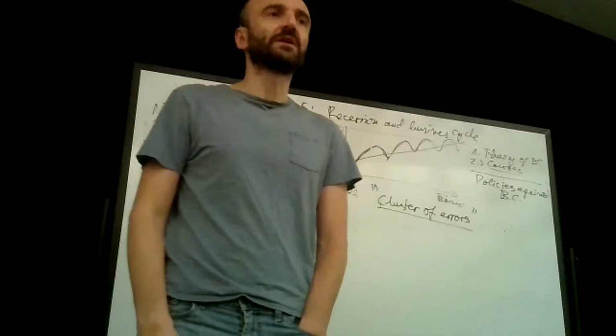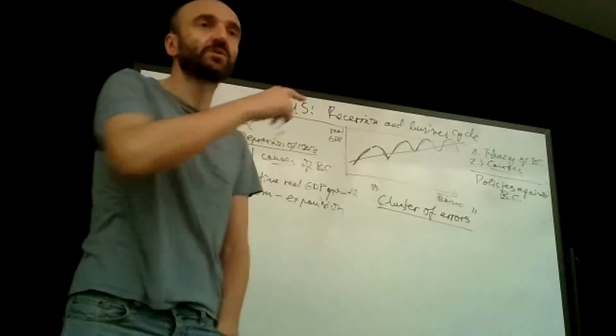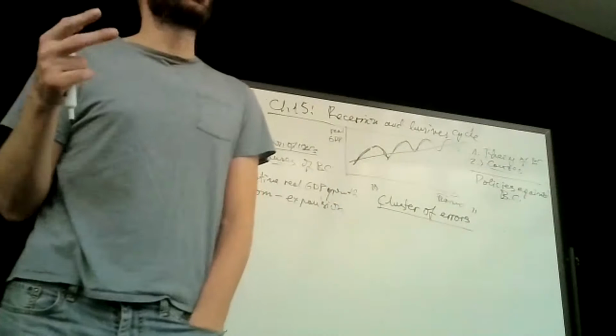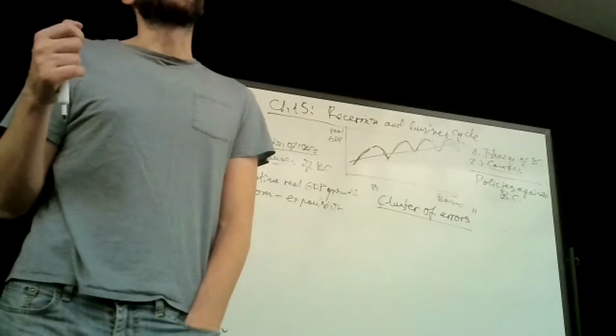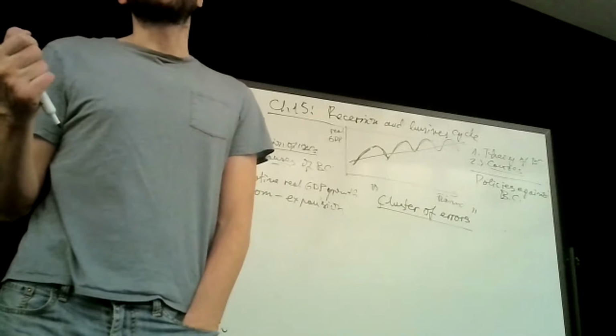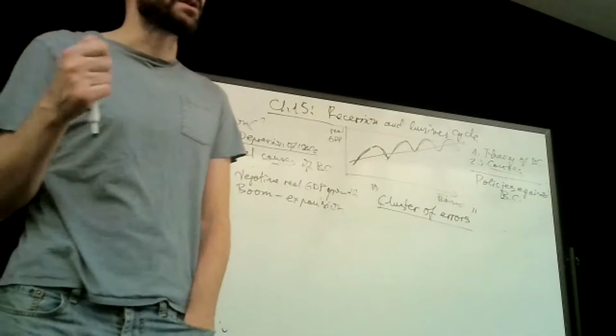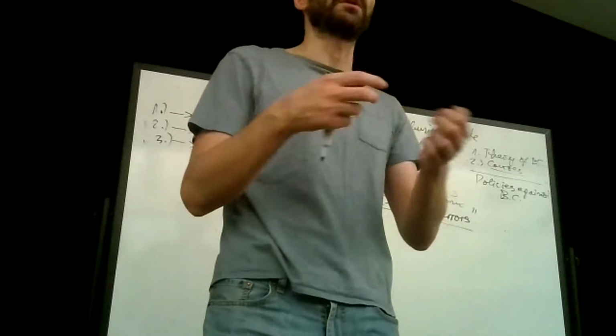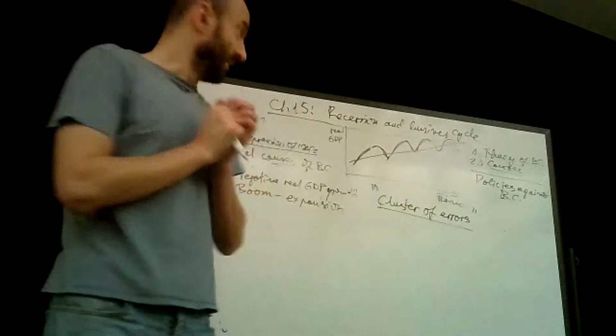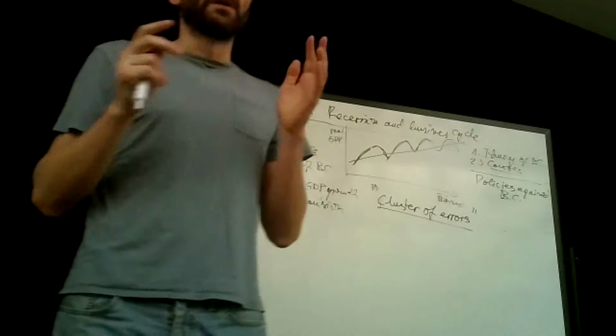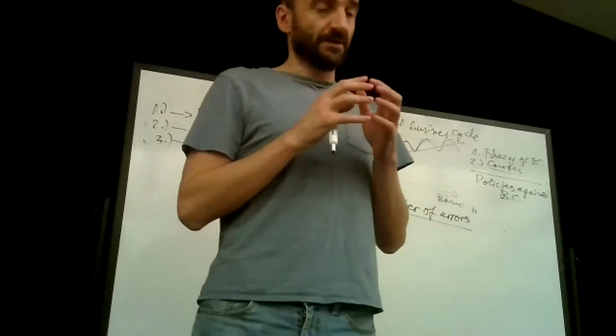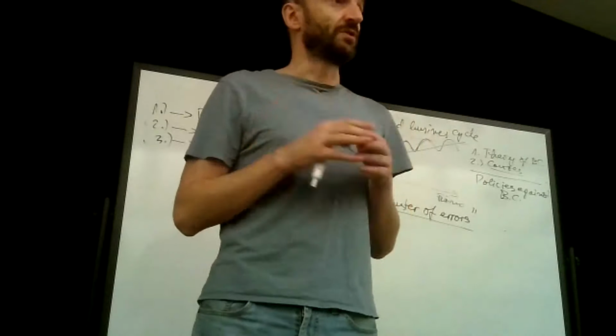I will tell you that the experience of the Great Depression was the main reason for a much stronger willingness and readiness of economists and policymakers and politicians to accept a larger role of the government in preventing and moderating recessions. We had quite a few recessions in the 19th century and early 20th century.